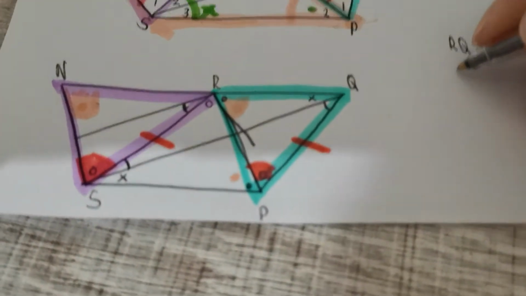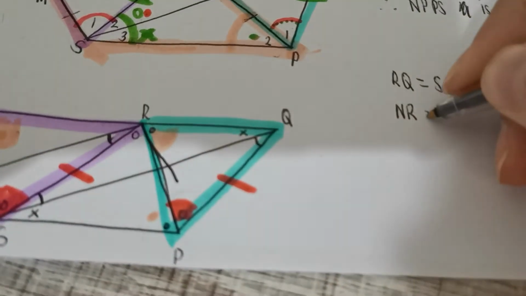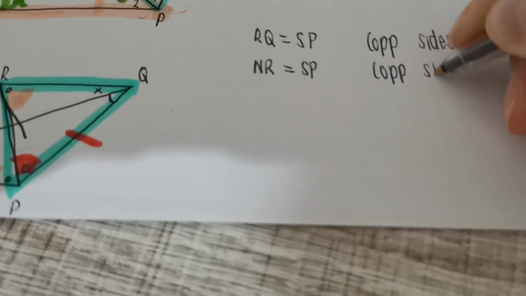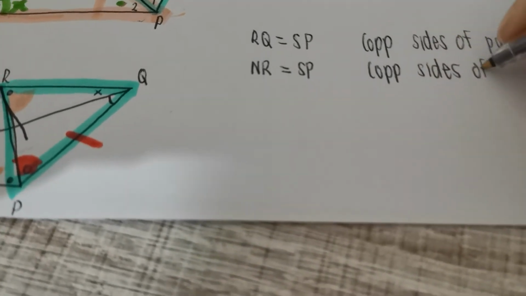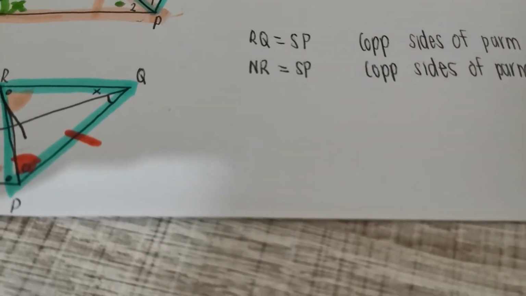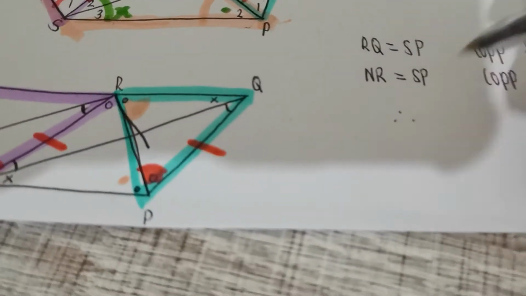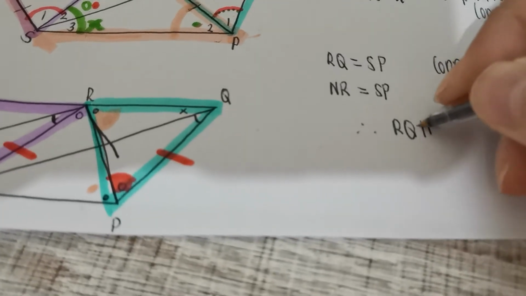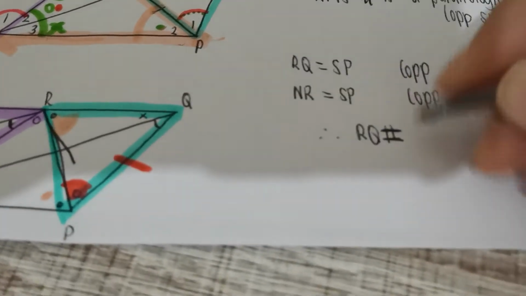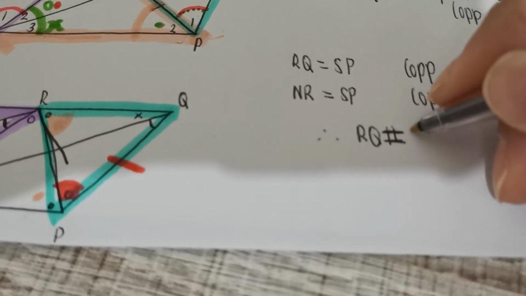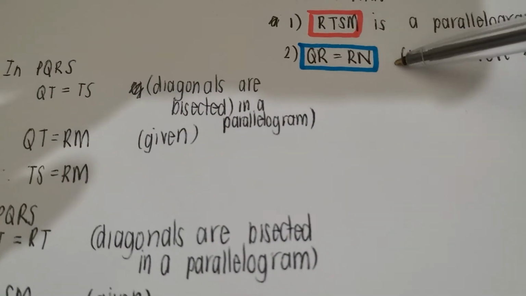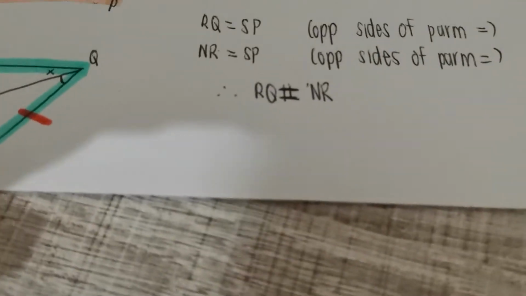And then NR is equal to SP. Therefore, not parallel, they wanted it equal, and it is equal. RQ is equal to NR, which is exactly what I wanted. RQ equal to NR. There we go.